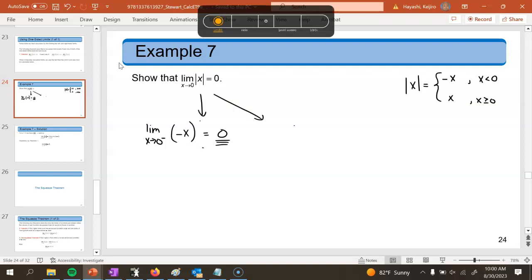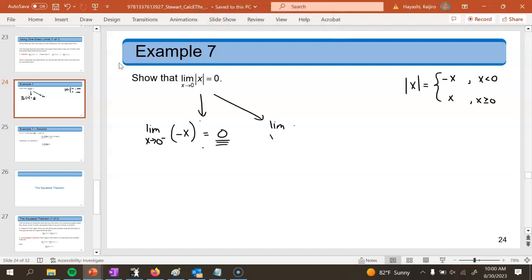And likewise, we want to verify that approaching from the right of 0, for which we'll use this second piece here, because if we're approaching from the right of 0, we're approaching from the positive side. That is also 0. So these one-sided limits are both 0. So the limit as x approaches 0 in general of the absolute value function is 0.